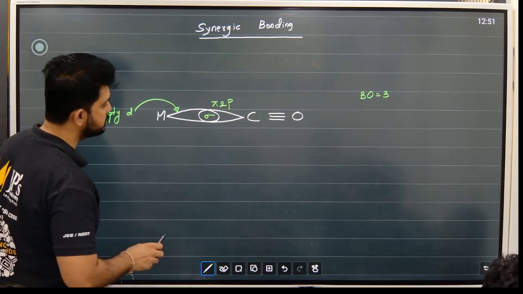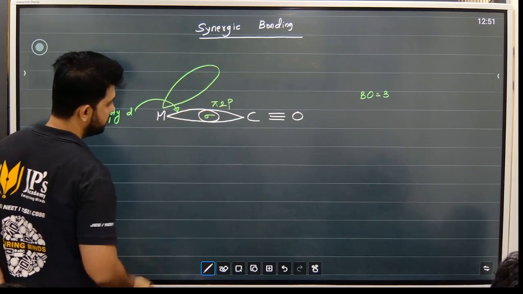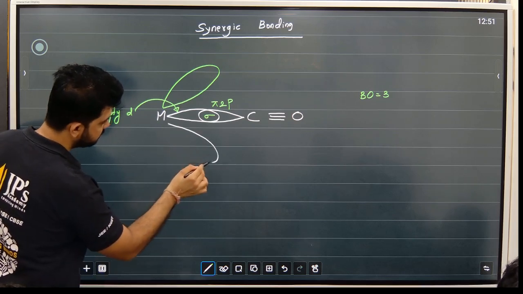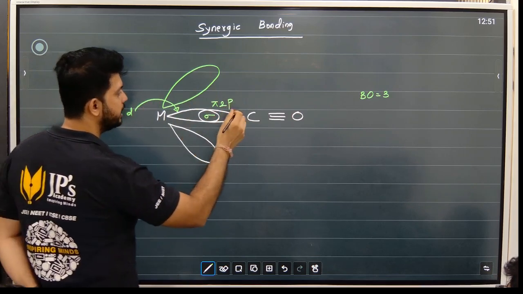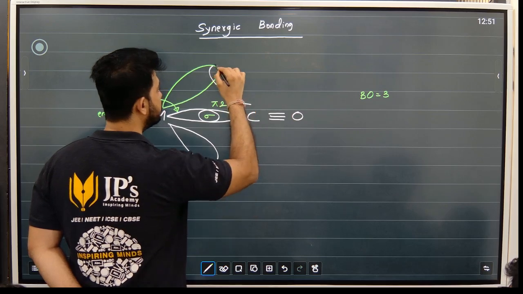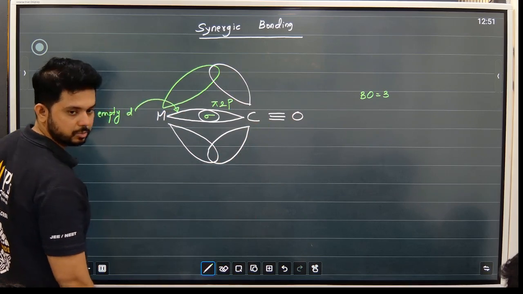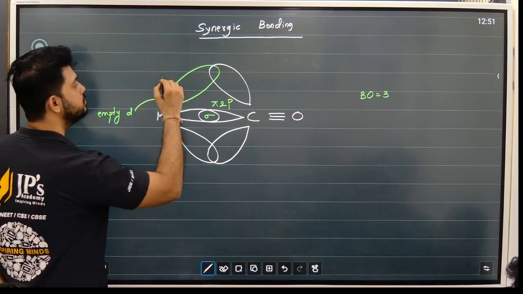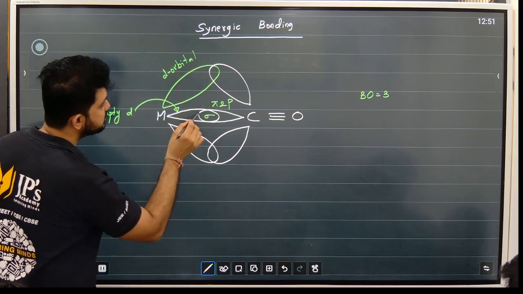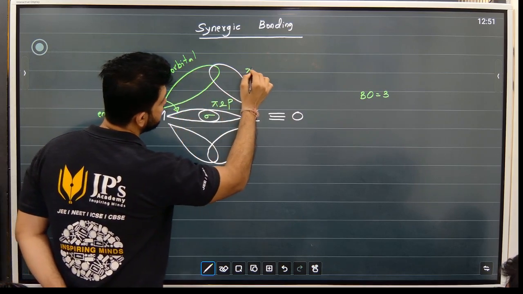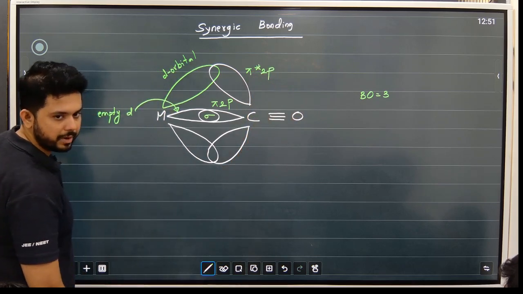But now what happens simultaneously is there are electrons present in the d orbital of the metal, and the metal now gives electrons to the ligand. An overlap is taking place between the electrons in the d orbital of the metal and the empty anti-bonding molecular orbital of the ligand.